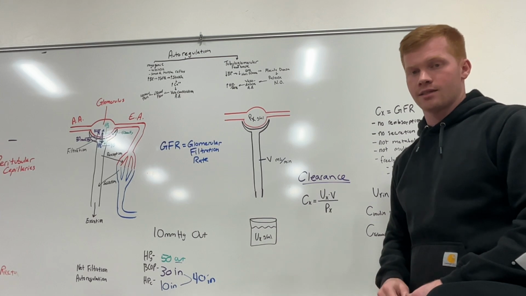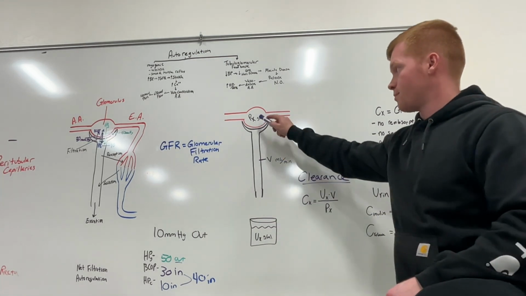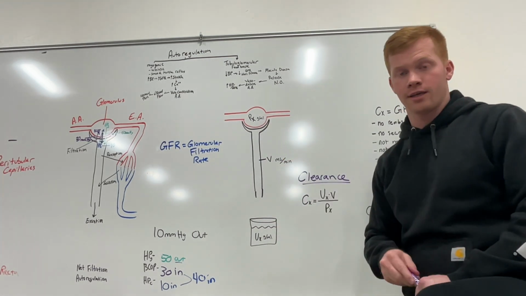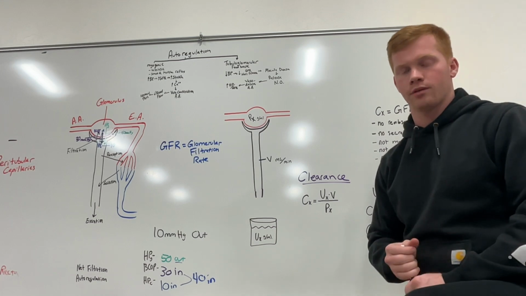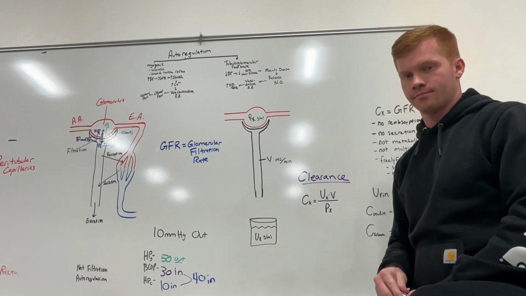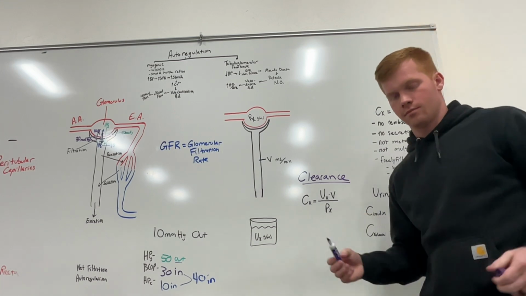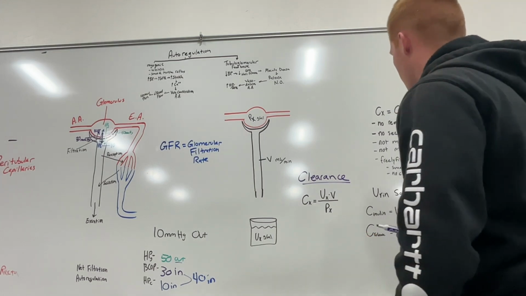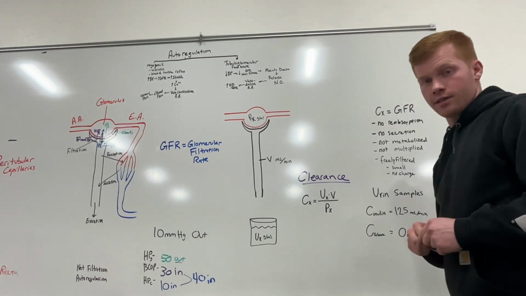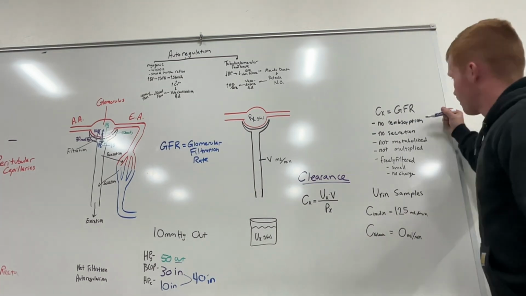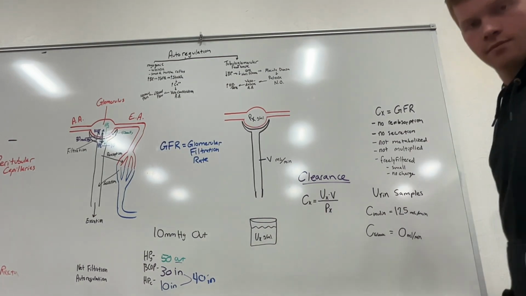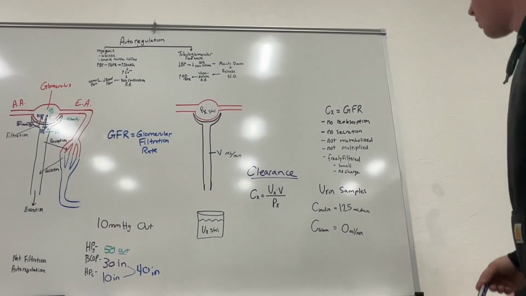That's going to tell us how much is being filtered through the glomerulus and if it's functioning properly, because it's important to know. I know this is kind of all over, but this is helping me learn it.